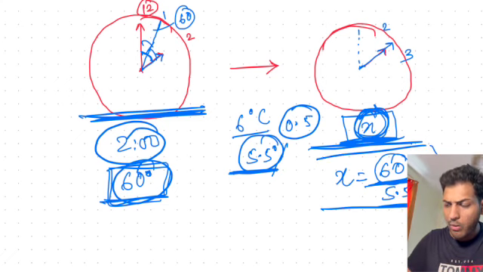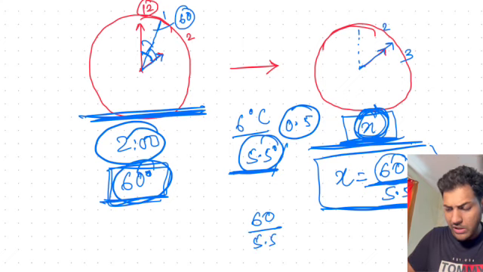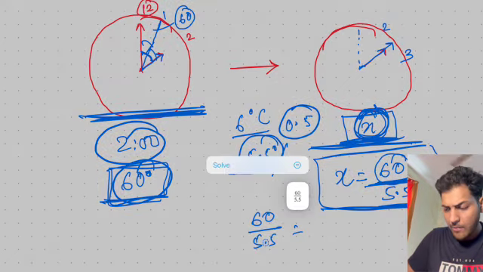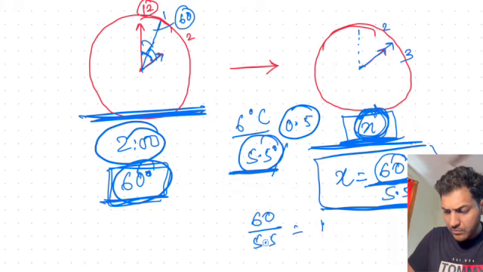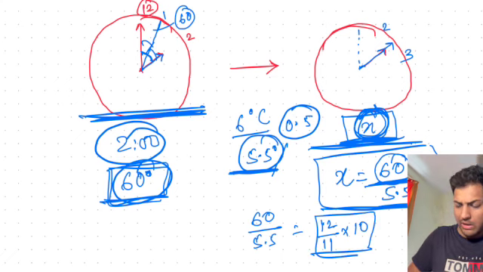So this is the amount of time in minutes it is going to take to be at the same point. Now what is this? This is a very simple calculation. 60 divided by 5.5, you will do like this, 120 by 11.